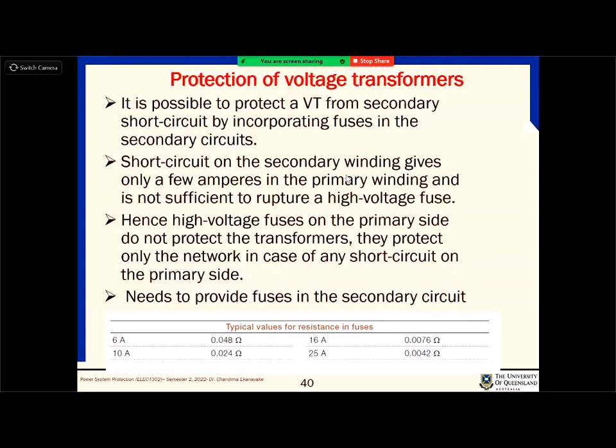That is very important, right? Yes, it's what it says. It creates only a few amperes in the primary, and it's not sufficient to rupture the high voltage fuse. So you can put a high voltage fuse, but nothing happens on that side, right?